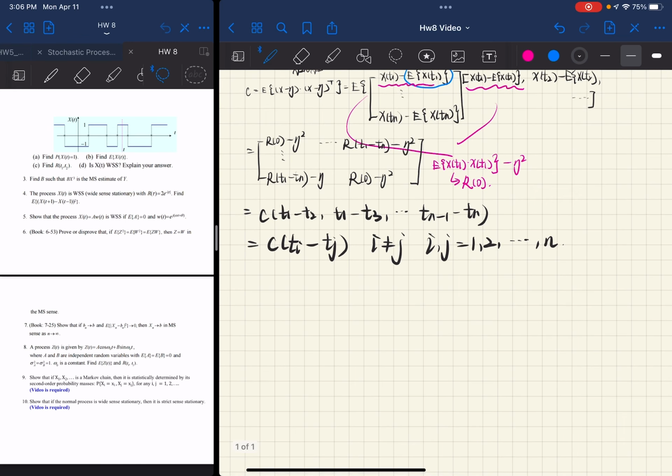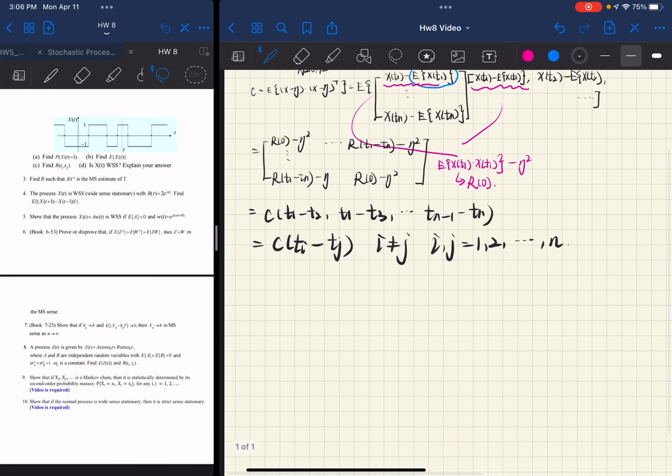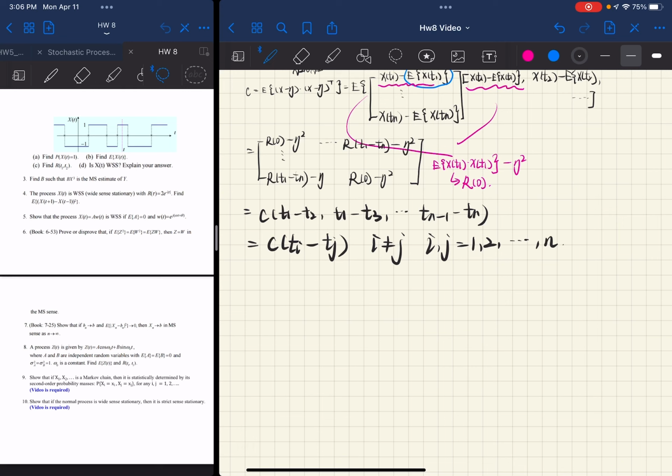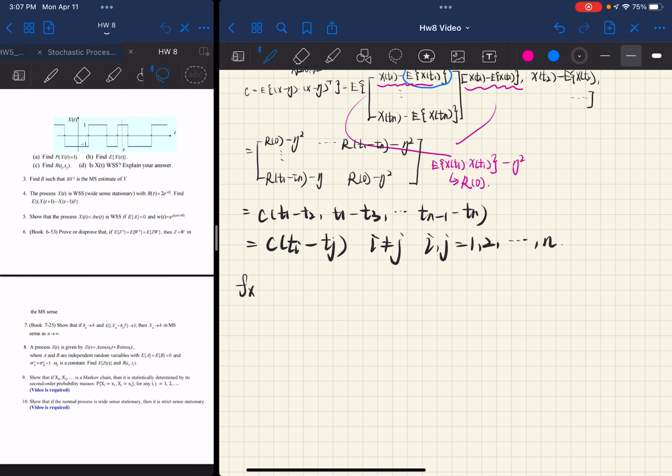So after we have processed the correlation matrix C, we can get the density function of f_X(t) equal to the density function of f_X(ti minus tj) for i not equal to j. And we can rewrite this.